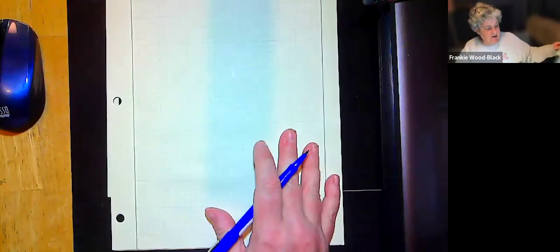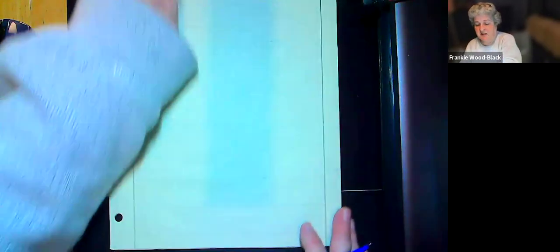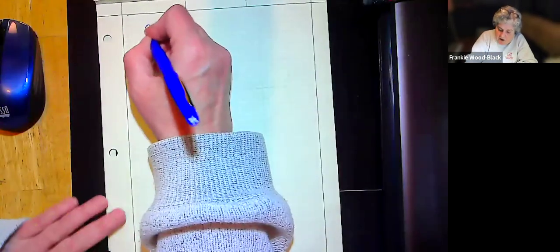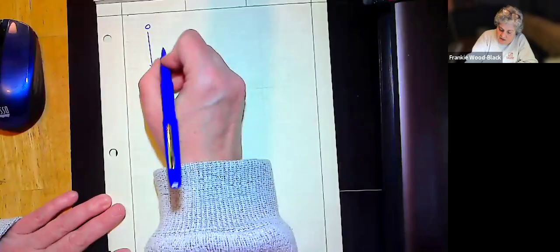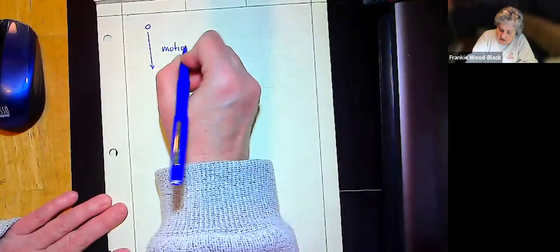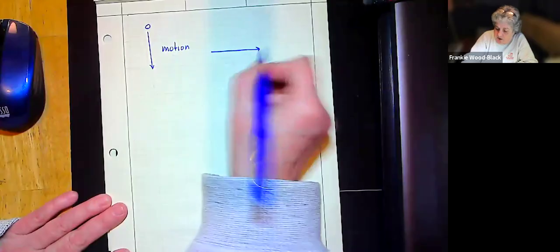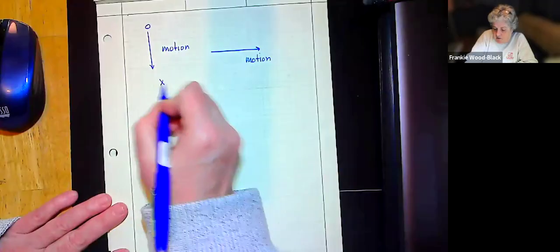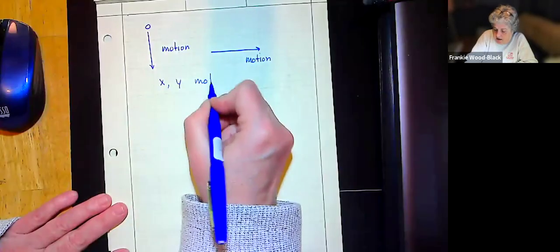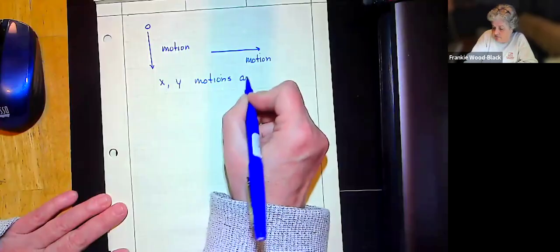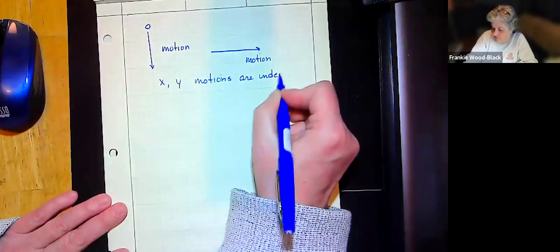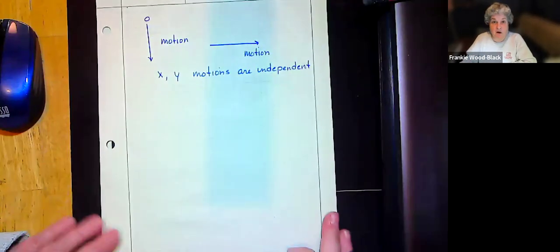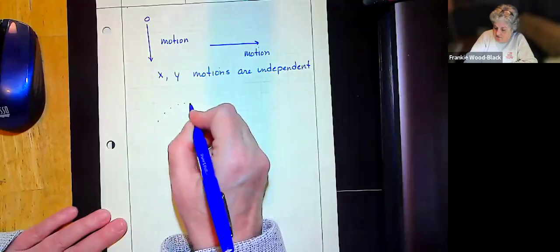Well, that's going to become very important when we're going into 2 dimensions, because we've already seen that if I drop a ball, this motion is independent of this motion. So my x and y motions are independent. And you might remember seeing that from the basketball. So my basketball did this.